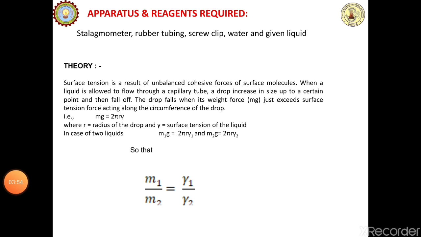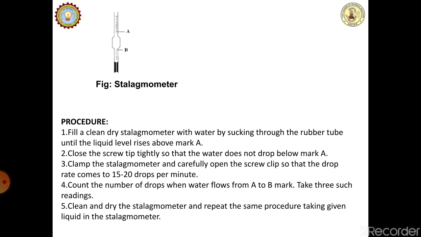The stalagmometer is also called a stactometer, and this device is a capillary glass tube whose middle section is widened. The volume of a drop can be predetermined by the design of the stalagmometer.